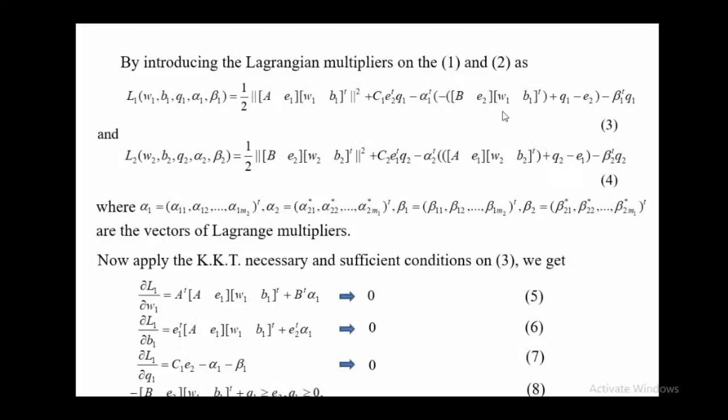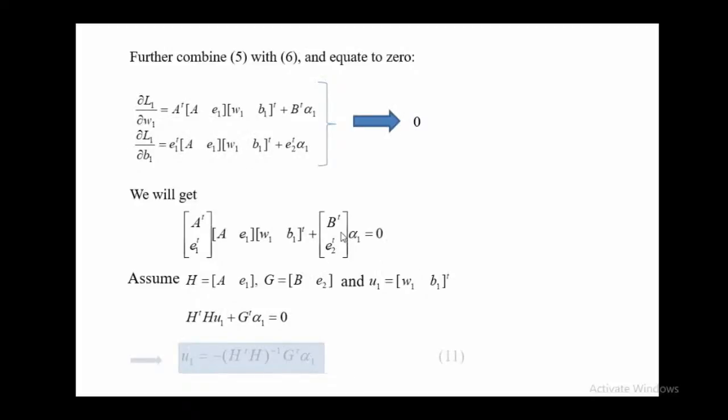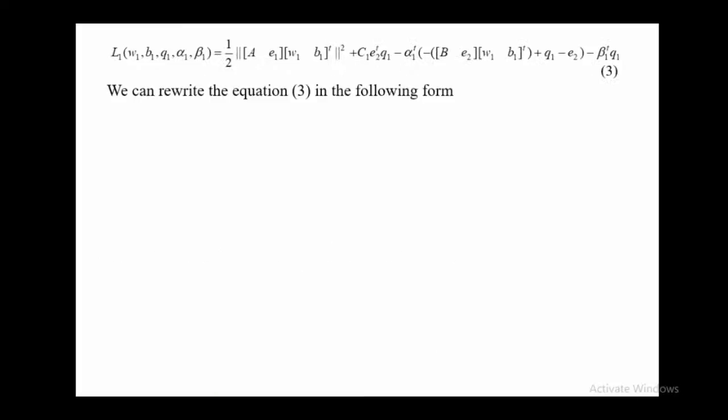Here A1 you can write as H, and B W1 V1 you can write as U1. Okay, and the same terms I have written: minus alpha 1 transpose minus, this is nothing but G, this is U1 plus Q1 minus E2, and minus beta 1 Q1. So ultimately I have represented it in this particular sorted manner.